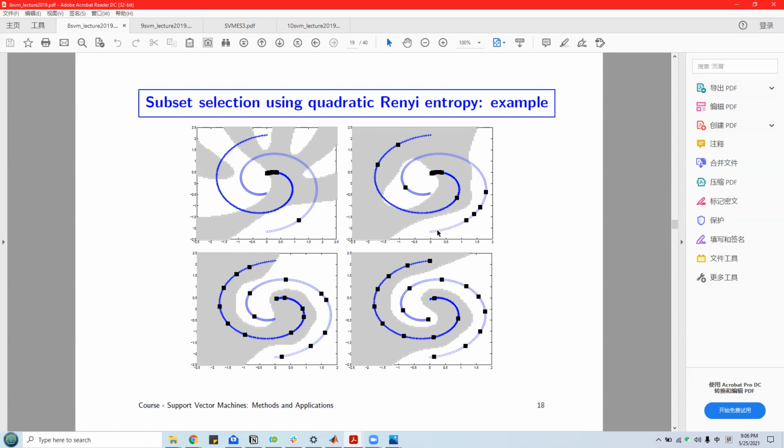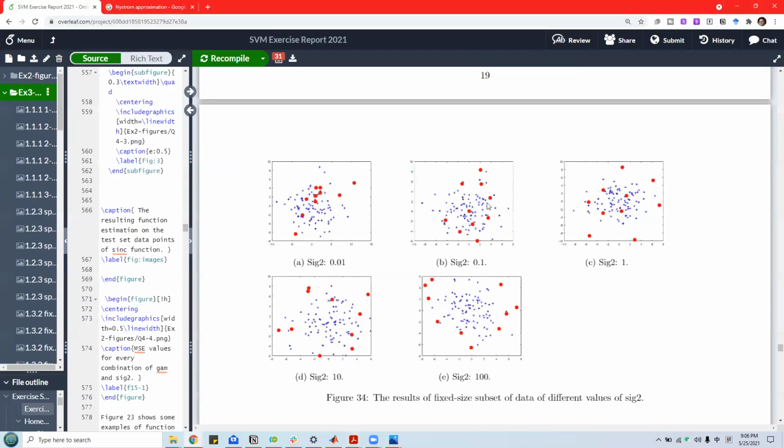Yes. I think when sigma square is increasing, I can show my answer. This is my answer. Large values of sigma square seem to result in a selection that is more evenly spaced, which makes sense because it finally converges to the maximum of the quadratic Renyi entropy of the subset.